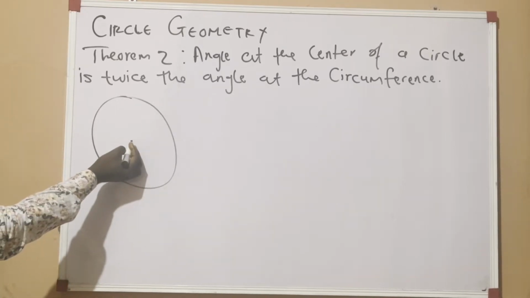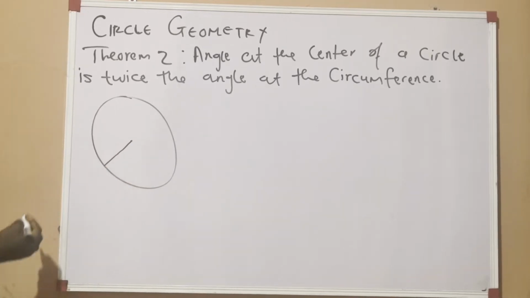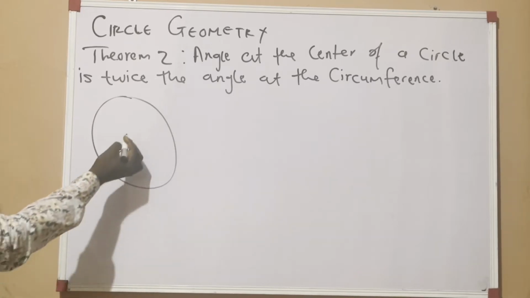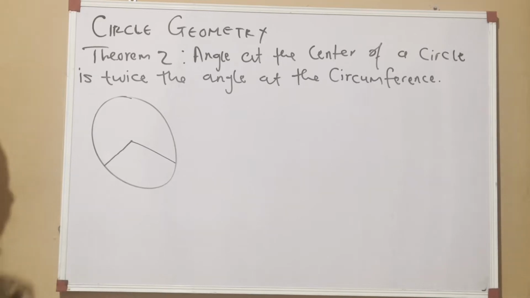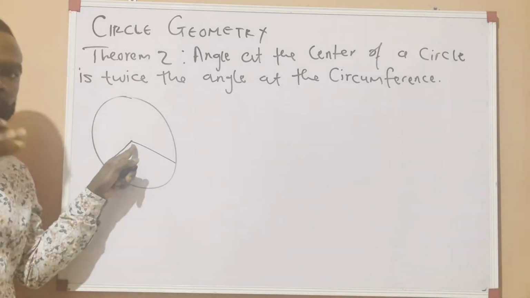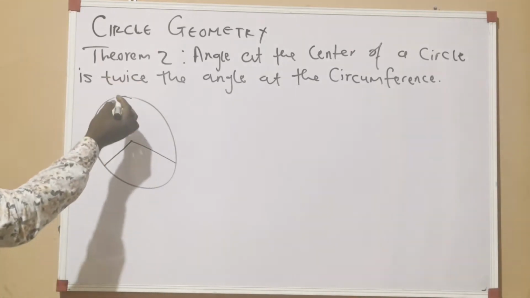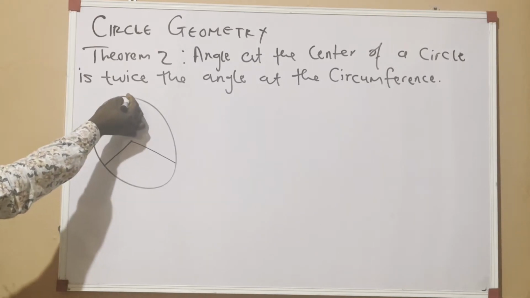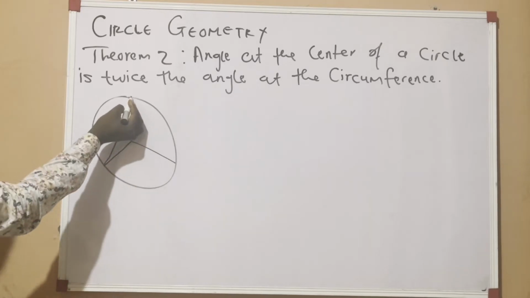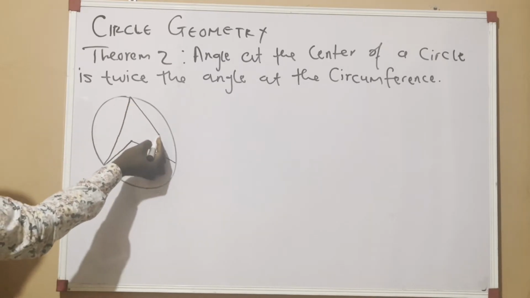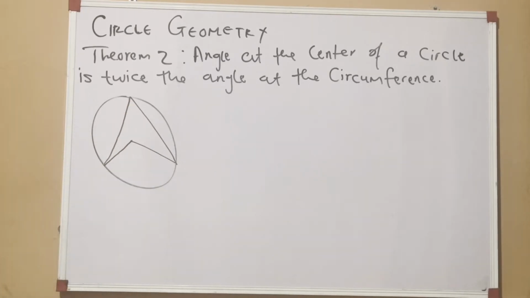If I draw a line from the center, it is a radius. And if I draw another line, it is also a radius because both are drawn from the center of the circle. Then I draw a chord from the circumference to this point, and another chord from the circumference to this point.